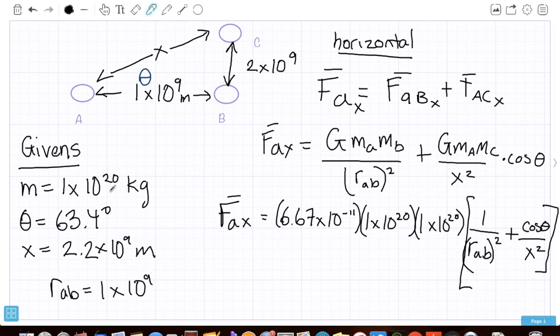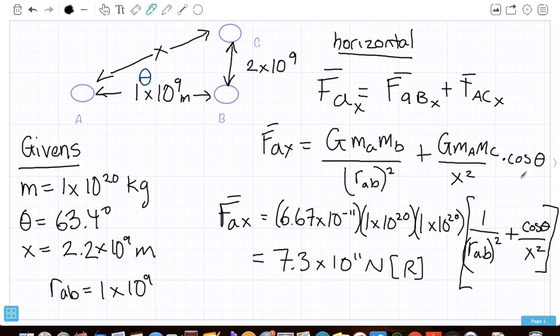X is equal to 2.2 times 10 to the 9. And theta is equal to 63.4. And when you calculate that, you get 7.3 times 10 to the 11 newtons to the right, because we said that the pulling force was happening to the right in a positive direction, and this answer is positive, so therefore it must be to the right.